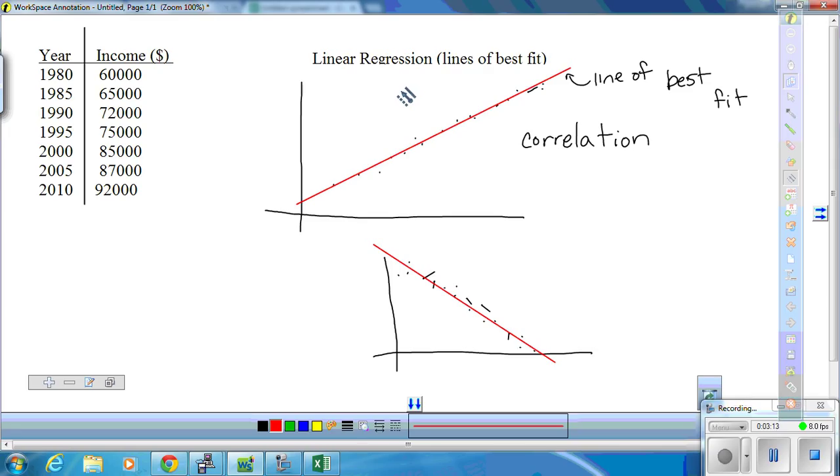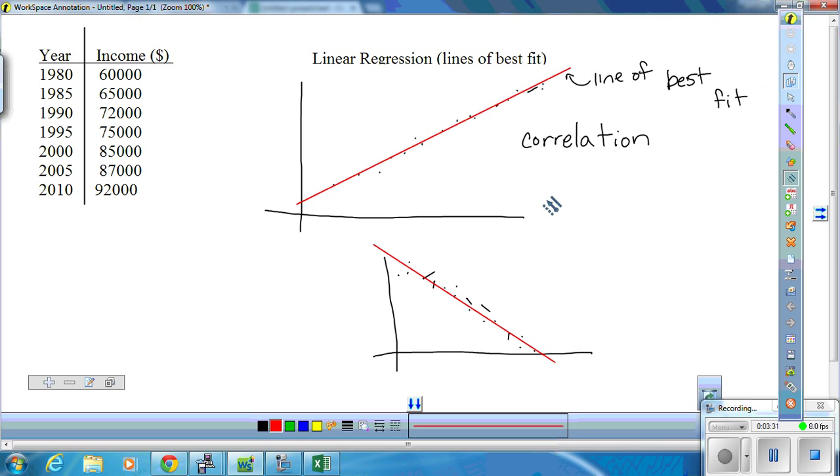But thankfully for us, they have taken that statistical analysis and they have programmed it into things like computers and spreadsheets. And so we don't have to know that statistical analysis just yet until we take AP statistics and figure out what is the line of best fit for a set of data.